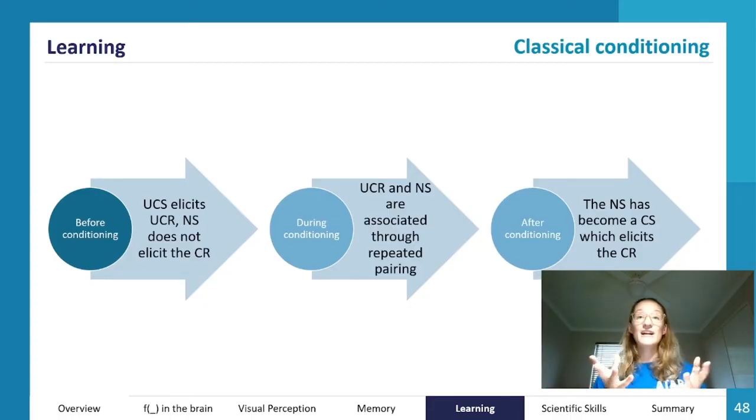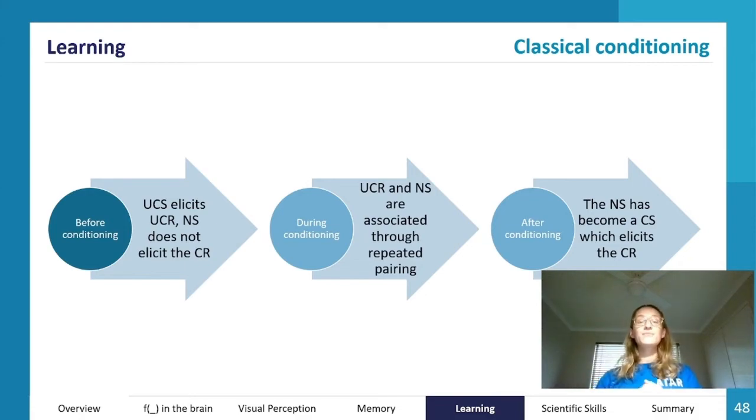How Pavlov did this was that each time the dogs were given their food, the unconditioned stimulus, that produced the unconditioned response, the drooling. So Pavlov paired the neutral stimulus, the bell, with the unconditioned stimulus, the food, every time.